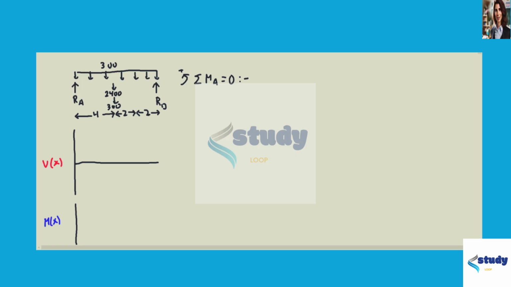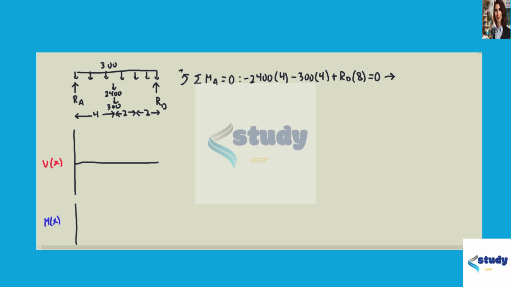We've got a minus 2400 resultant, an arm of 4. We've got the 300 applied, an arm of 4. And we've got our reaction at D with an arm of 8.